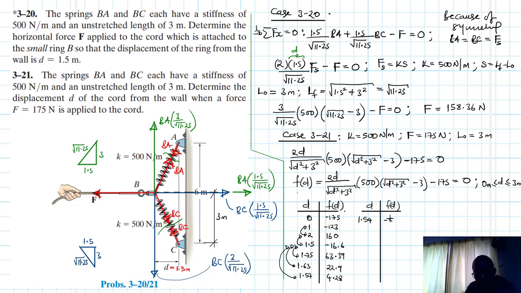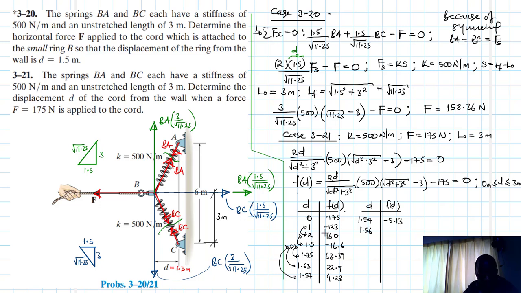So we have a negative 5.13. We can get the average of the two, 1.57 and 1.54. Average of that we have 1.56.